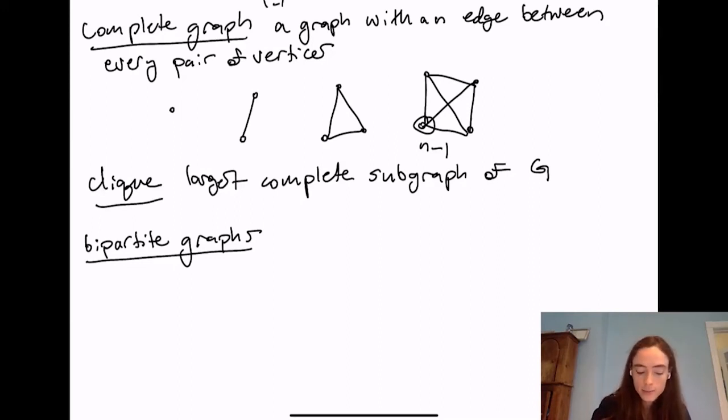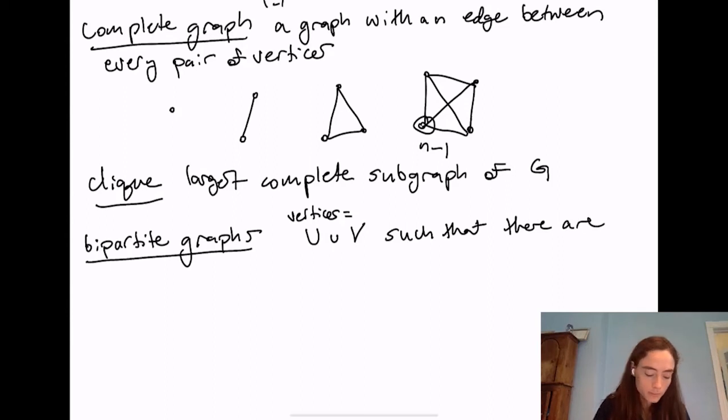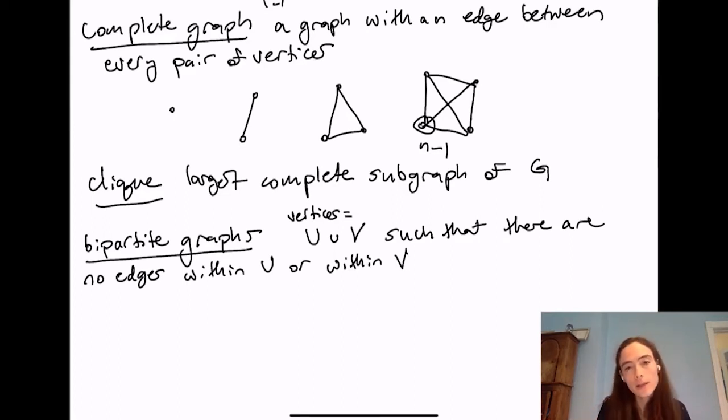We can call them U and V. So the full set of vertices is the union of U and V, such that there are no edges within the set U or within the set V. So you can think of it as 2 sets of things that can be connected between each other, but not within that set.